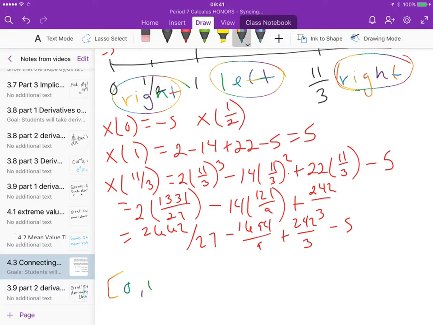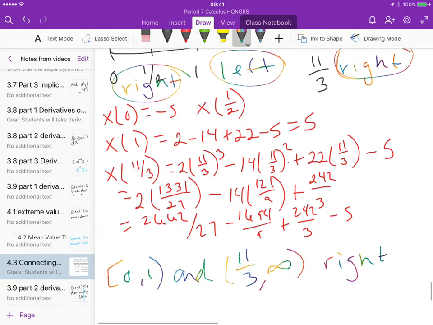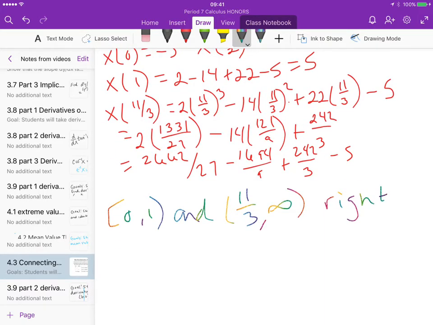From 0 to 1 and from 11/3 on to infinity, we are moving right. And then from 1 on to 11/3, we moved backwards and we're moving left.